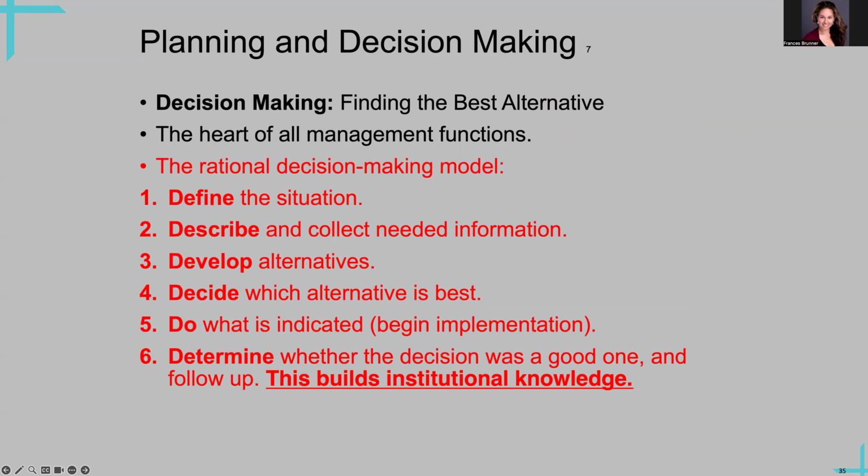So, in management or in life, when making decisions, there is a six-step process that you can and should go through in order to make quality decisions and to learn from them so you can repeat the process. The first and foremost part of the rational decision-making model is to decide what it is you're making a decision about.